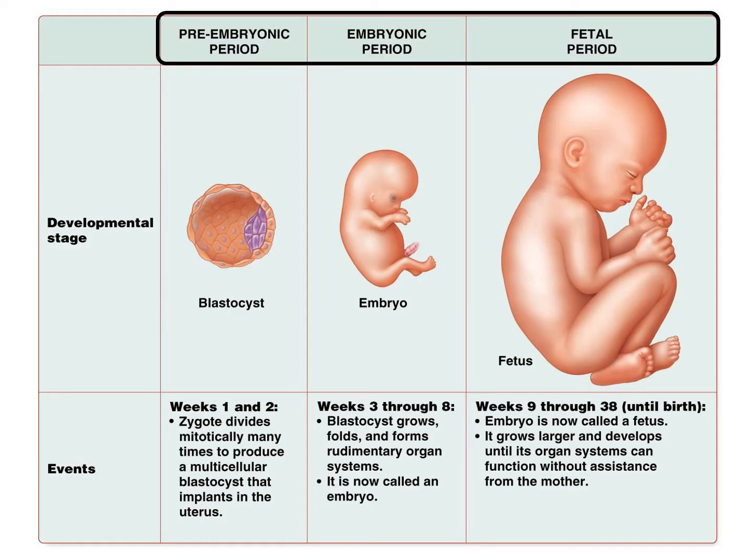We will see that the pre-embryonic period is weeks 1 to 2, the embryonic period is weeks 3 to 8, and the fetal period is weeks 9 to 38 until birth. We're going to come back to these a little bit later. But first, we're going to go through the different parts of life of a person, and then we're going to come back to this.